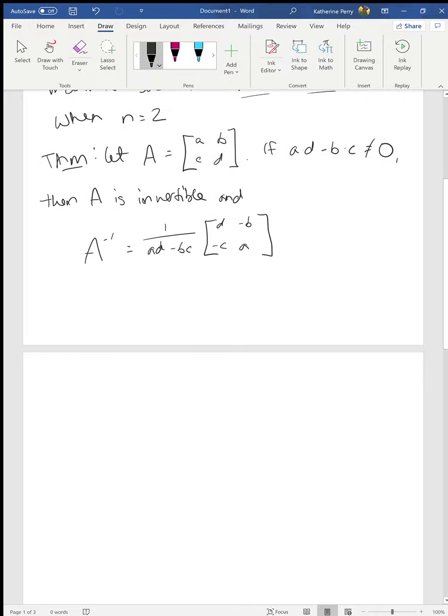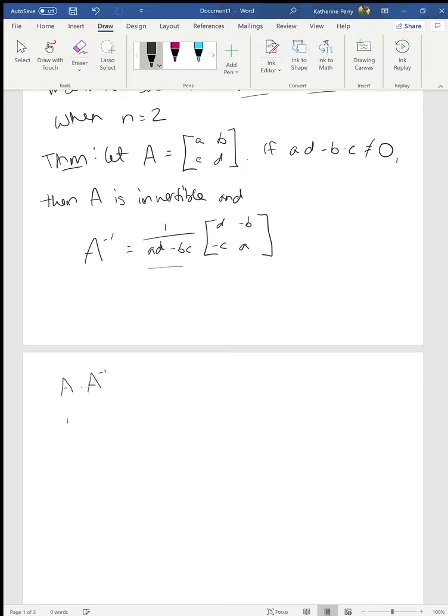And so what I'm going to do is multiply A by A inverse, and I'm going to show that it's equal to this identity matrix I_2. Recall that when we were talking about matrix multiplication, this scalar could be pulled out and done in a different order. So I'm going to just leave it off to the side for now.